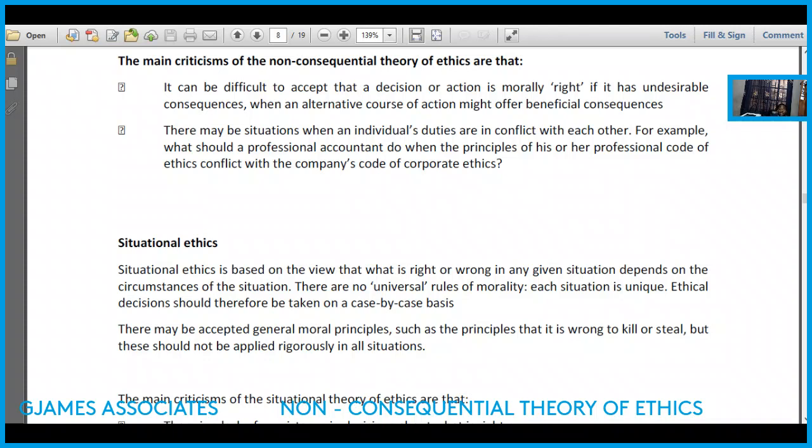Like the example that I cited when we were starting this video, that an accountant finds himself or herself in an organization, and the CEO or the founder is telling him or her to prepare the financials in a particular way, which the accountant knows that it should not be by reason of professional ethics, professional conduct that he or she has sworn to.